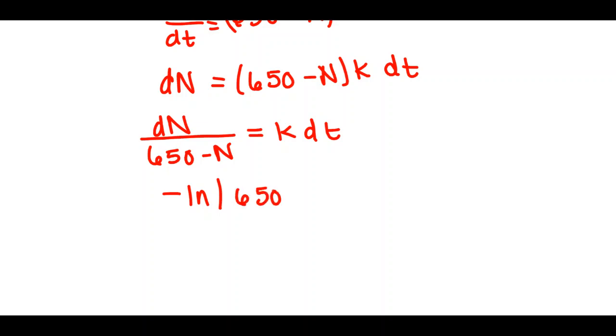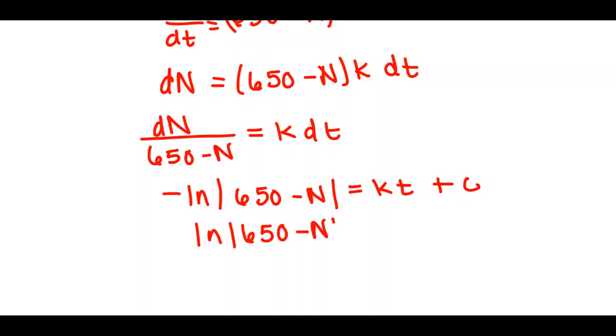Now when we take the integral of this, we end up getting negative natural log absolute value of 650 minus N equals kt plus c. I'm going to get rid of the negative by multiplying both sides by negative 1. Then we're going to use our little trick with e.